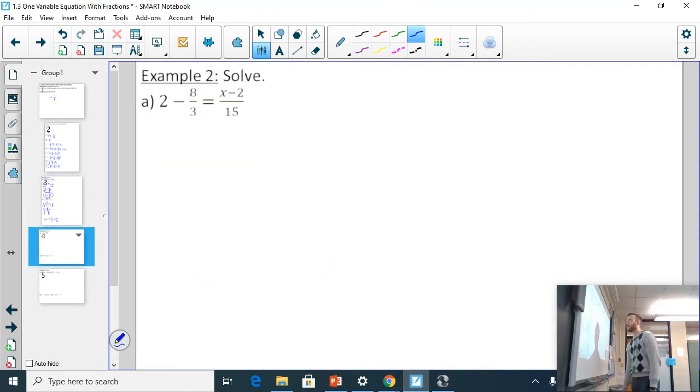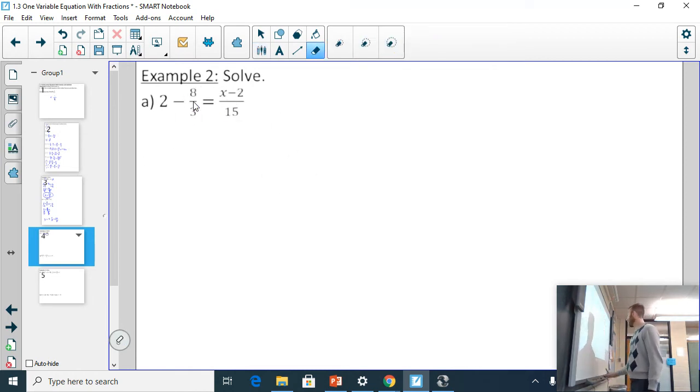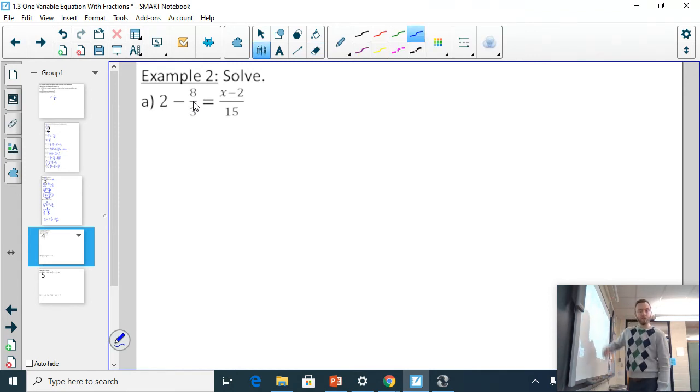Now for these ones, my trick is I want to clear any denominators there are. So I'm looking and I see, oh, 3 is kind of a problem and 15 is kind of a problem. But then I think, oh, if I multiply by 15, that's also going to get rid of that 3, because 15 is the bigger one. So I'm going to multiply both sides by 15.